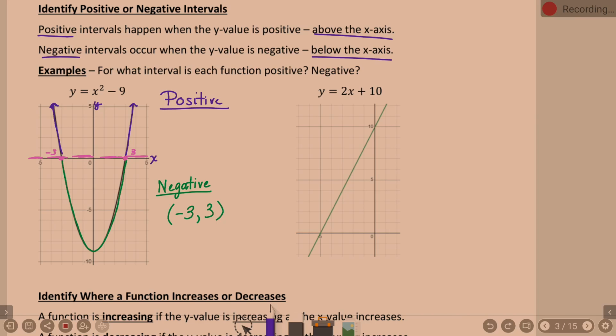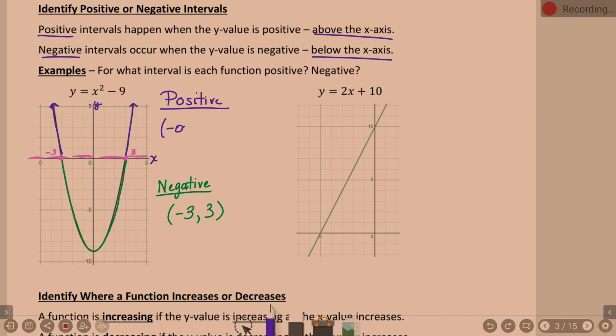How far do we keep going? Infinitely, yes? So this graph is positive here. It started way over yonder, okay? It's positive from negative infinity to, when does it stop being positive? Negative 3.